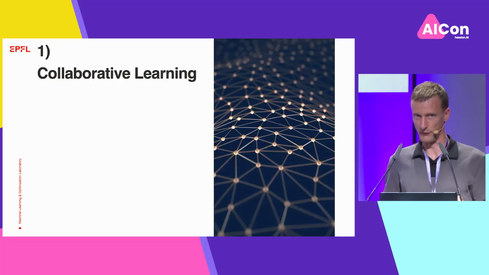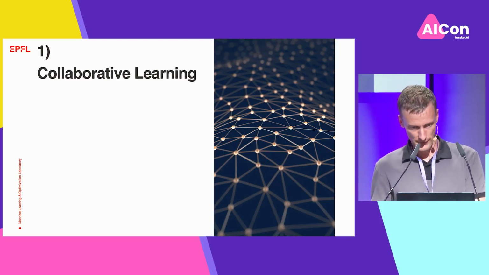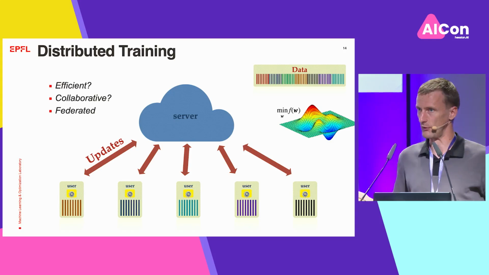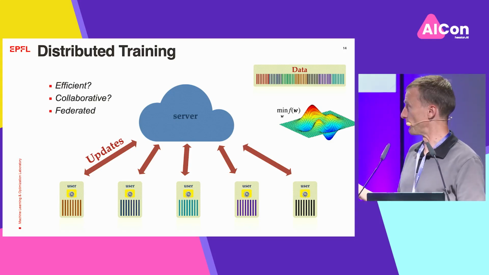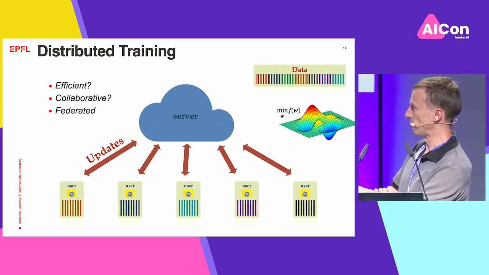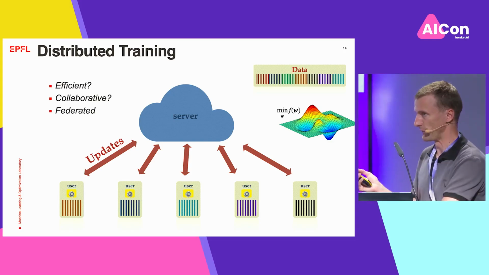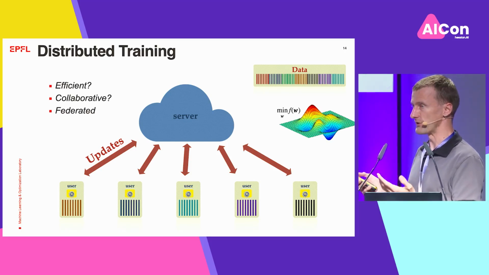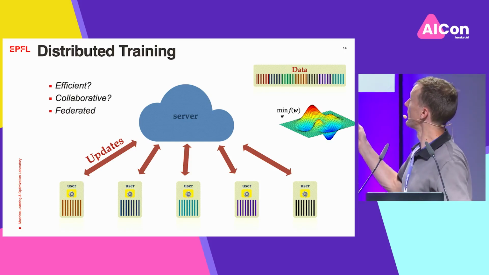So we want to do collaborative learning. What does this mean? So the idea here is that we don't only have one worker, but we have a whole bunch of participants in the system, and together they try to do learning. So what does that mean? Each of these 5 participants has a bit of data. And the goal of the overall federation, so the goal of everyone together, is the following.